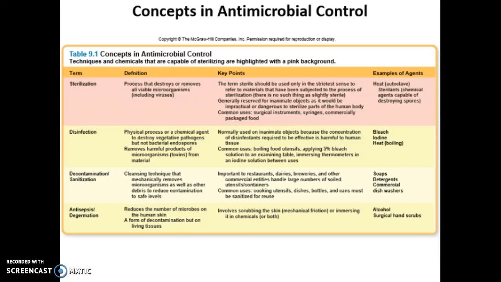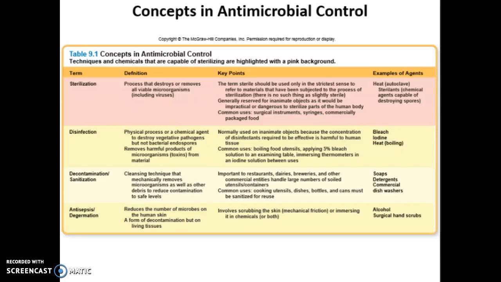All right, examples of how you might achieve sterilization. Autoclaving is a good one, and that's going to utilize heat and pressure. Sterilants are different chemicals that are going to be able to destroy spores. And specifically there, we're talking about endospores, bacterial endospores. Then disinfection is just a step below sterilization. It's the physical process or chemical agent to destroy vegetative pathogens.